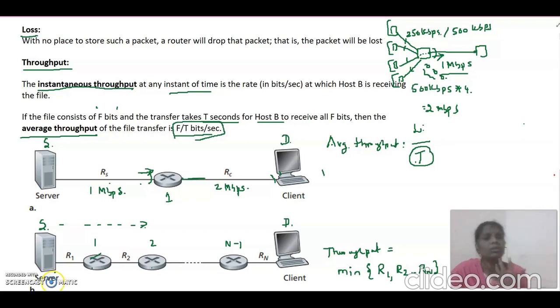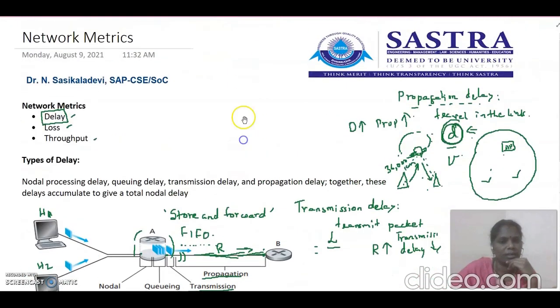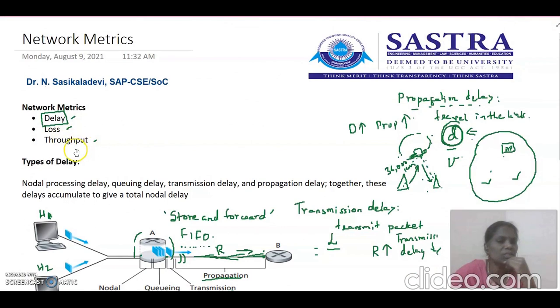What is throughput? Throughput is nothing but the amount of data received by the receiver per unit of time. Average throughput is L by R. These are the three important metrics widely used to validate the performance of any type of network: delay, loss and throughput.